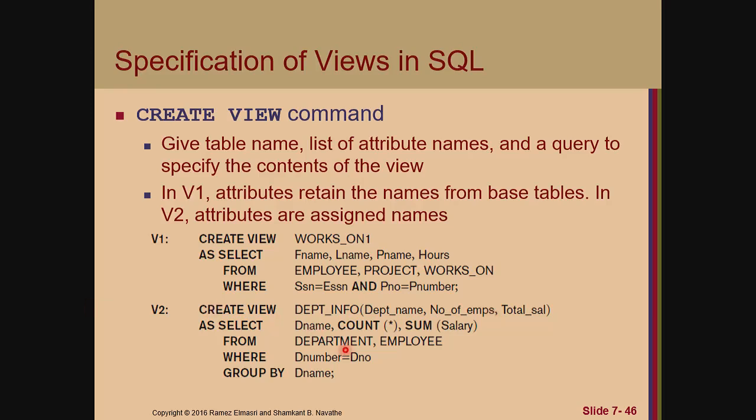Like if you count star, what does this mean? General people don't know the meaning of count star, right? But you change the count star to more informative, like number of employees. When you change the name, the user, when they view the attribute name or the column name, they immediately understand what information you want to show in the table.